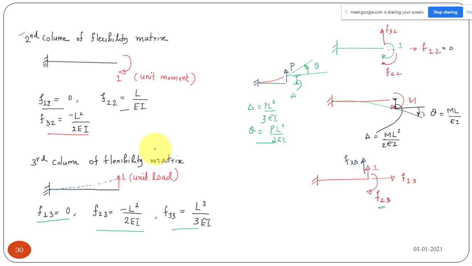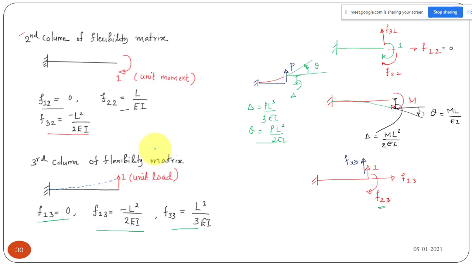Always, if you apply a clockwise moment, your displacement will be a clockwise rotation, and if you apply an anti-clockwise moment, you will have an anti-clockwise rotation at that point. If you apply a downward force, you will have a downward deflection, and if you apply an upward force, you will have an upward deflection. The displacement will always be in the direction of the force. There will not be any question of a negative sign for F11, F22, F33.